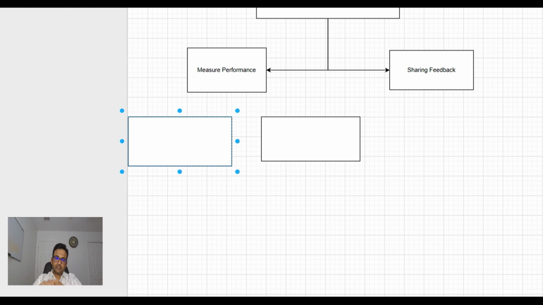One is the data, where you have defined metrics and you use them to check the performance.